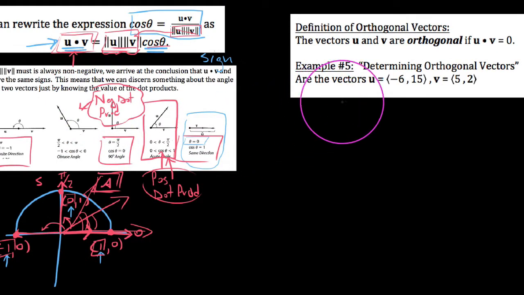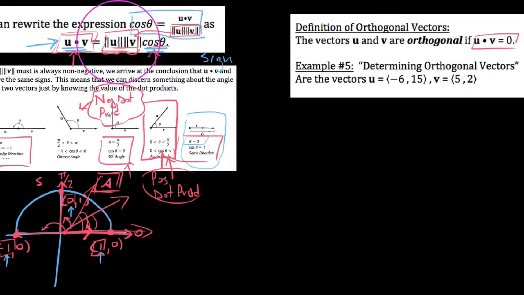Let's take a look at the definition of orthogonal vectors really quickly. I do want to talk about this orthogonal case. Two vectors are orthogonal if the cosine is 0, since the angle would be 90 degrees. So we want to know, are these two vectors orthogonal? What we need to know is whether u dot v between them is equal to 0.